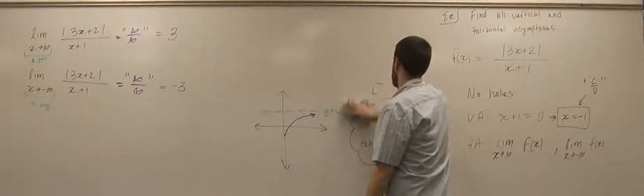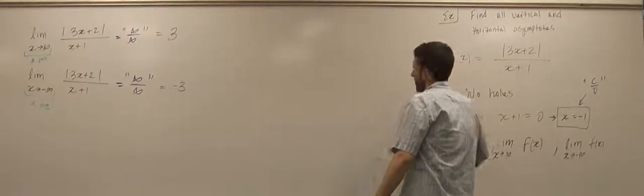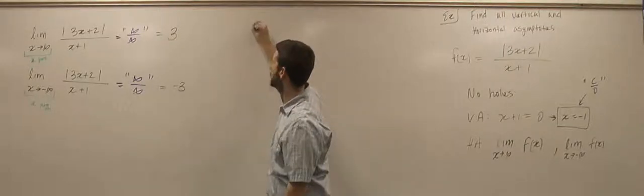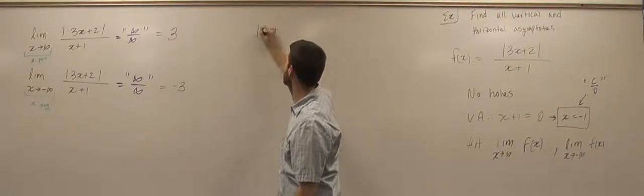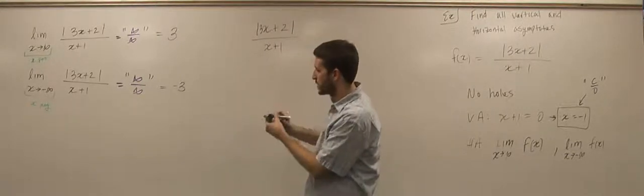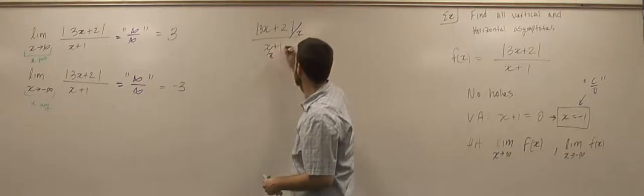If you were going to do this out here, on the top one, you would have the absolute value of 3x plus 2 over x plus 1, but you would divide everything by x.